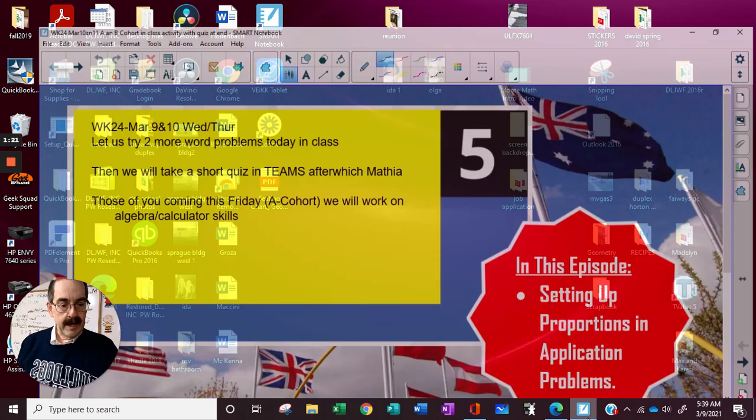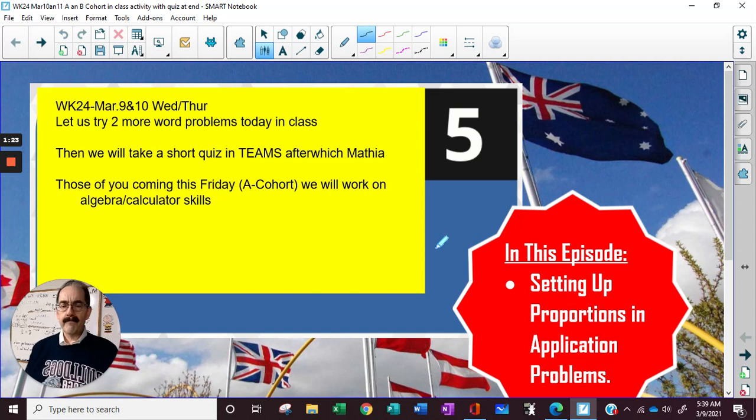Today, we're going to try to wrap up similarity. Welcome to the 9th and the 10th of March. Let us try 2 more word problems today, then we'll take a short quiz, after which Mathia. Those of you coming Friday will work on algebra and calculator skills.